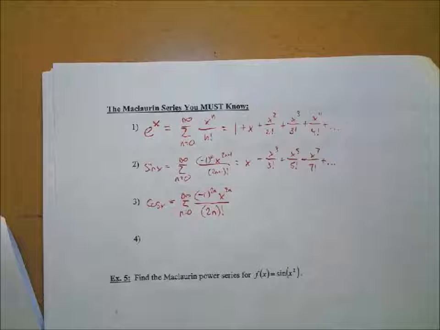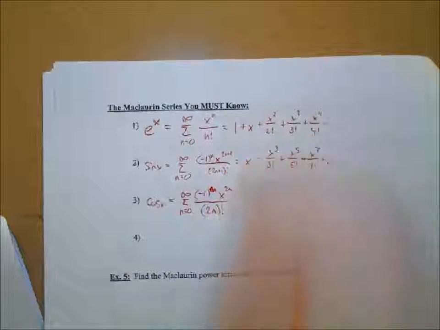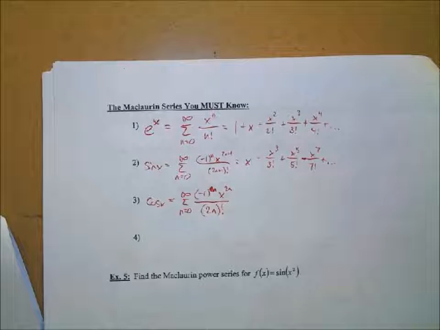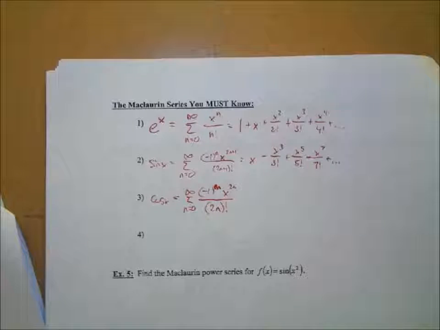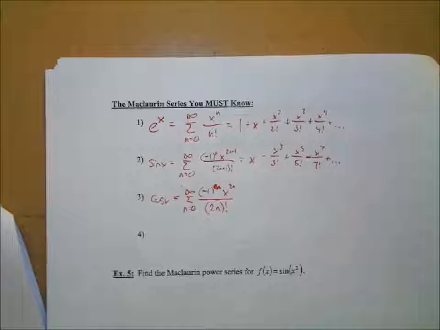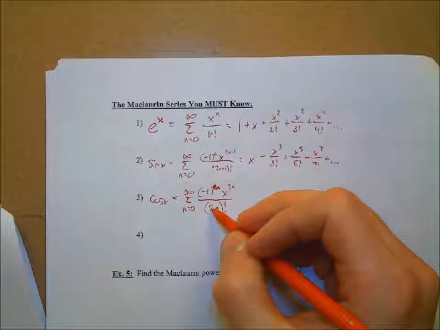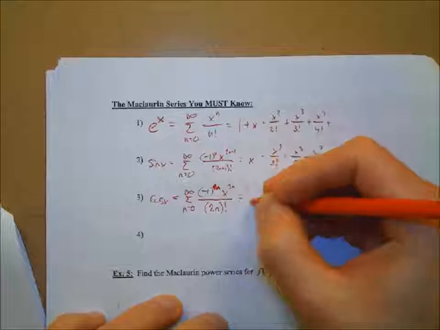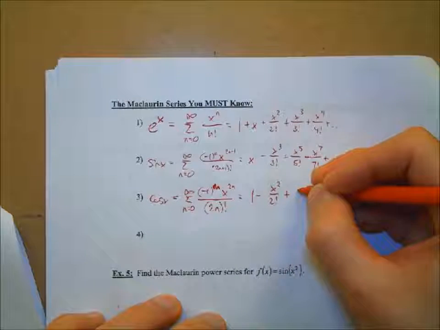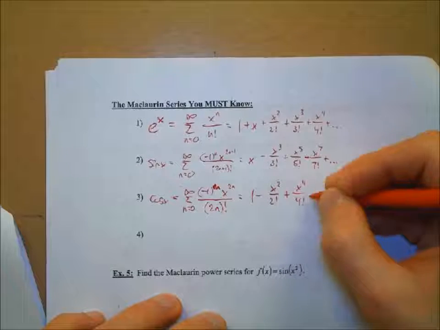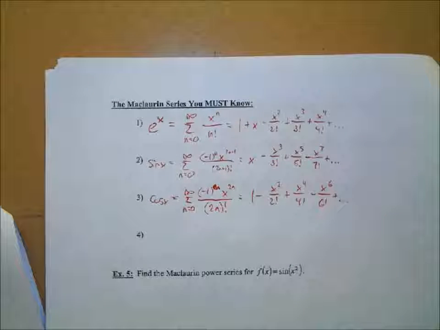Sorry, I had a mistake there; the negative 1 is just to the n. And that's equal to 1 minus x squared over 2 factorial plus x to the 4th over 4 factorial minus x to the 6th over 6 factorial plus dot, dot, dot. You get the idea there.